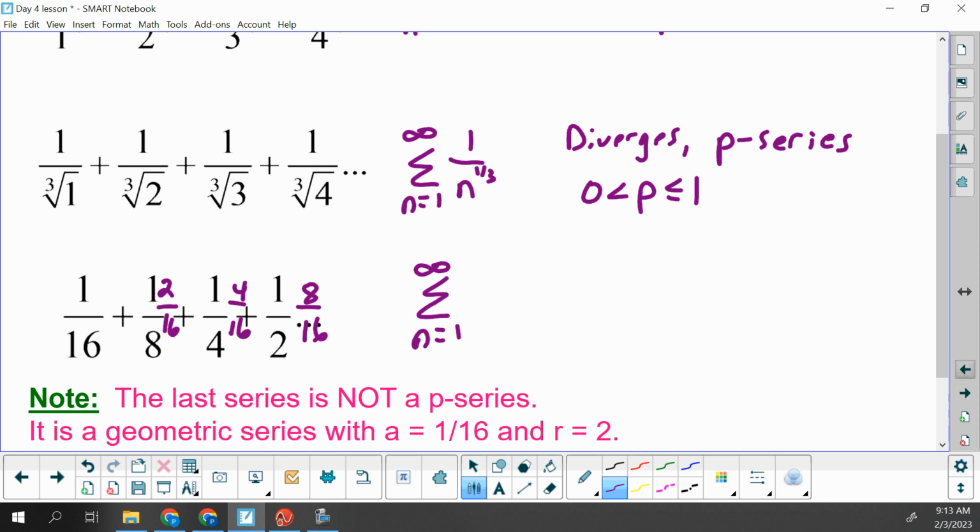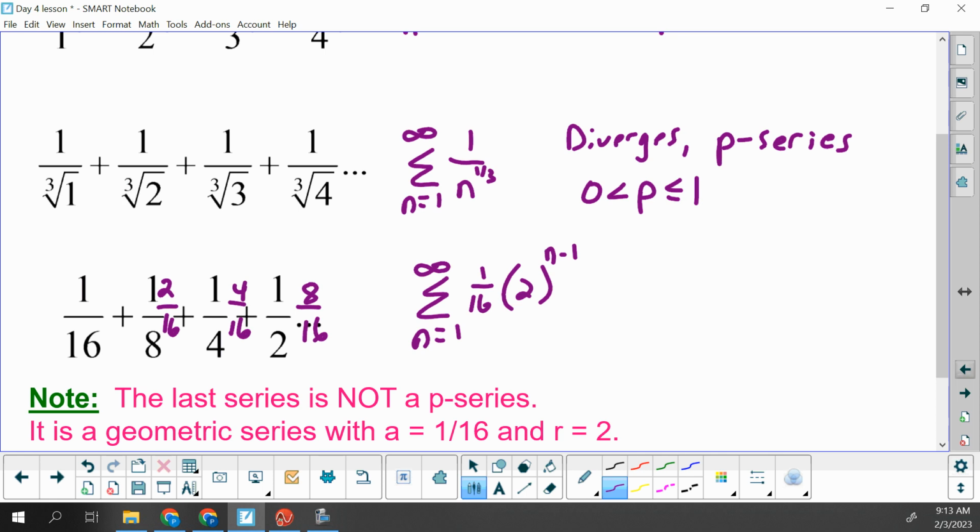Our first term is 1/16, and we're just doubling each time. Now, we've just got to be careful of our exponent to make sure that it works out. When we sub in 1, we want it to just be 1/16. So we would want this to be to the n minus 1, so that when we sub in 1, we'll have 2 to the 0, which will give us 1, and just give us 1/16 back.